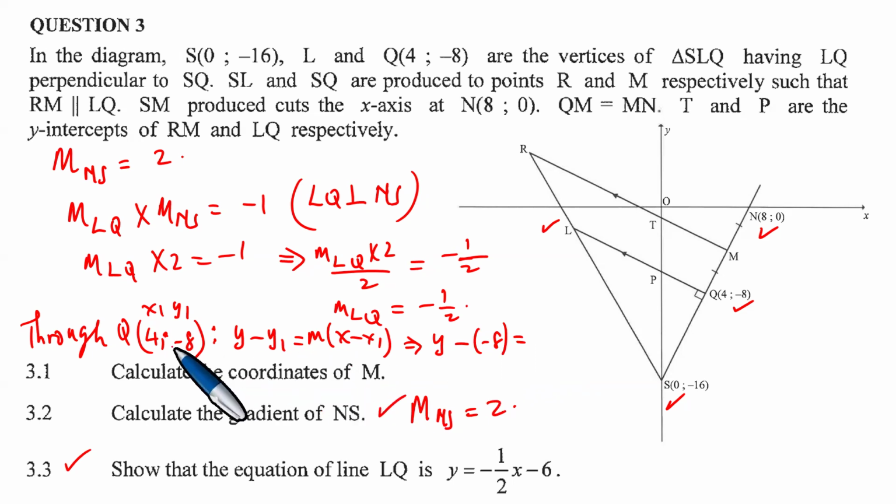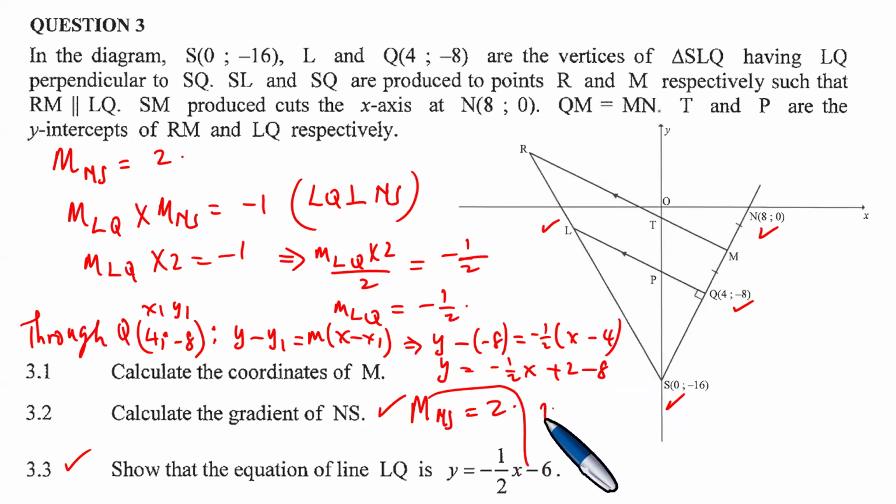The gradient of the line LQ is minus 1/2, into x minus x1, where x1 is 4. This gives minus 1/2 x plus 2 minus 8, so this is minus 1/2 x minus 6, and this is the answer.